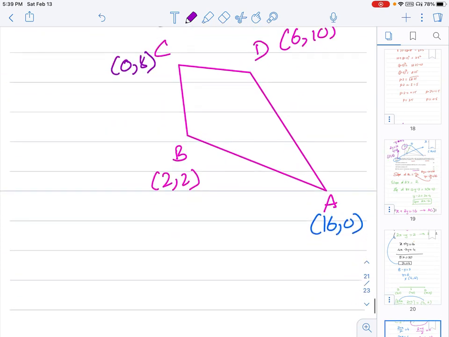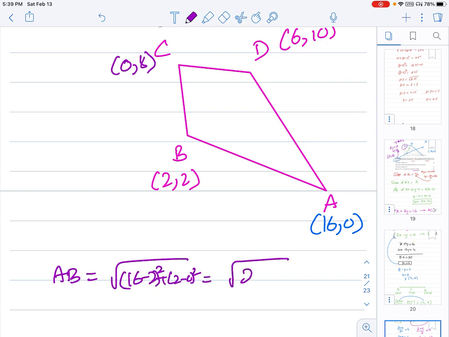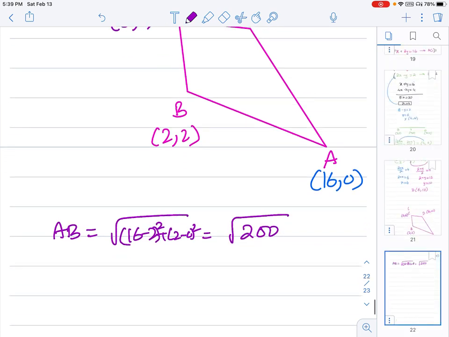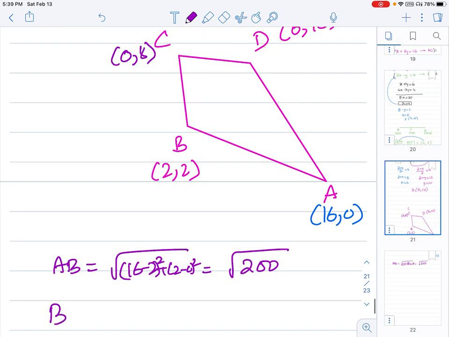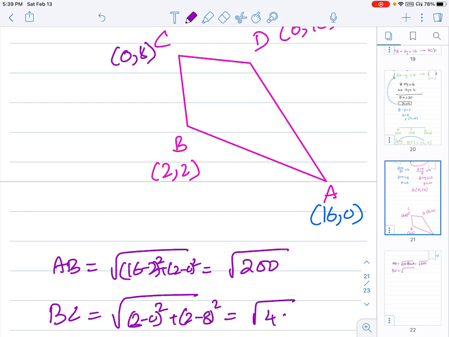Now find out the distances. So AB is square root of (16 minus 2) whole squared plus (2 minus 0) whole squared, which is square root of 200. Then find BC: square root of (2 minus 0) whole squared plus (2 minus 8) whole squared, which is square root of 40.